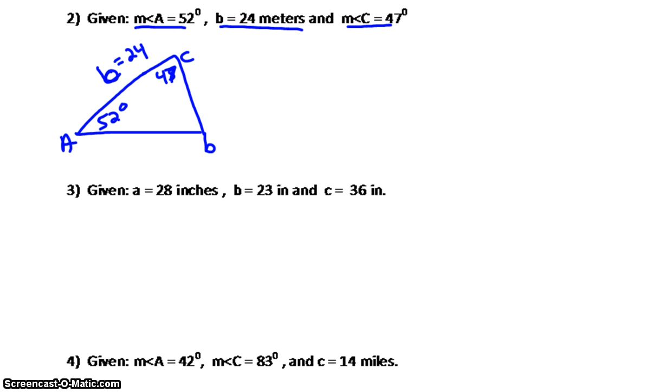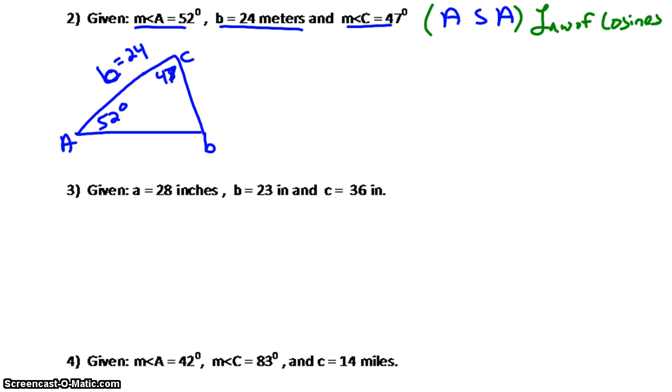So we really have an angle, then a side, and an angle. Now which one would we use, either law of cosines or law of sines? In this case, we're going to use law of cosines.